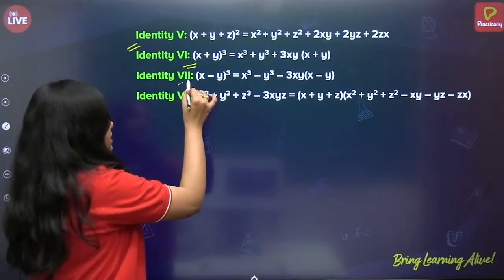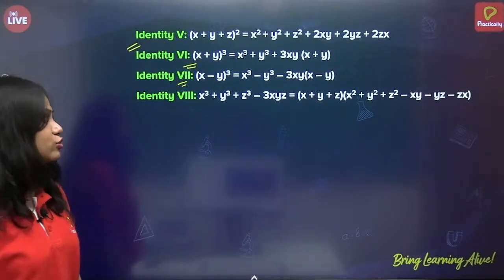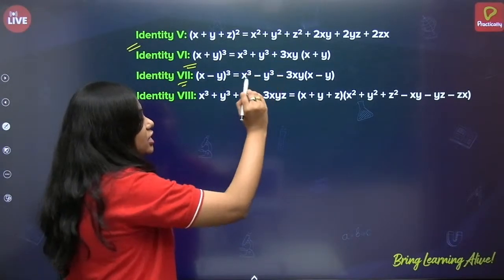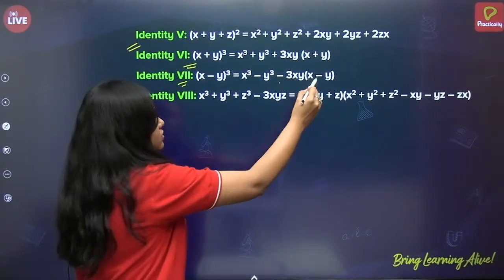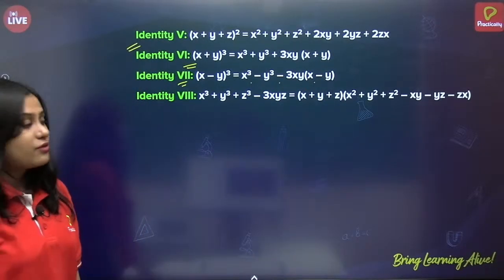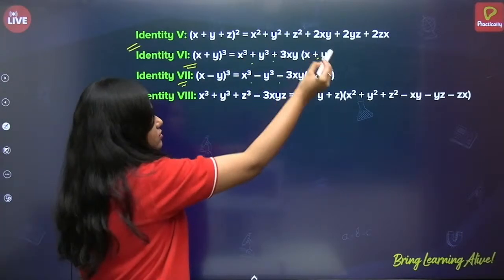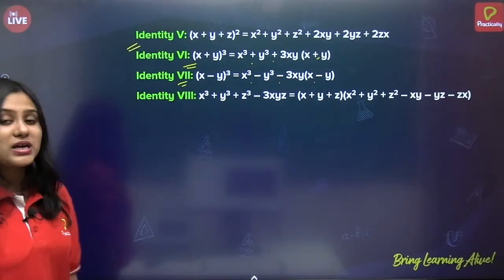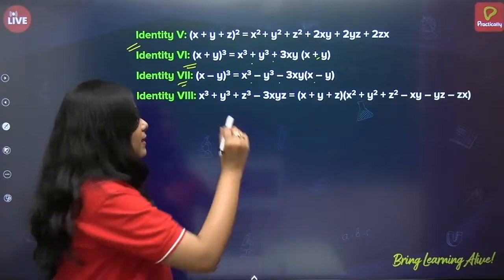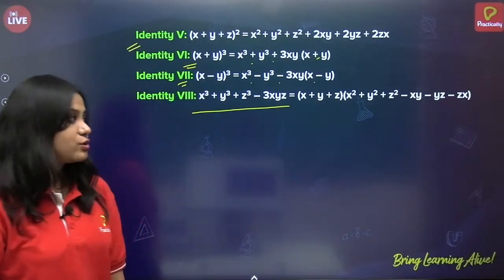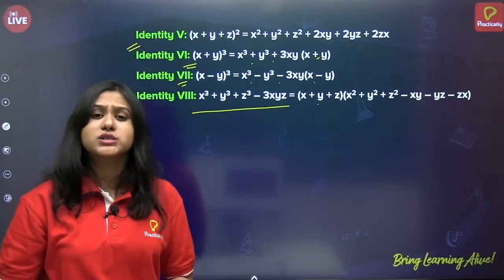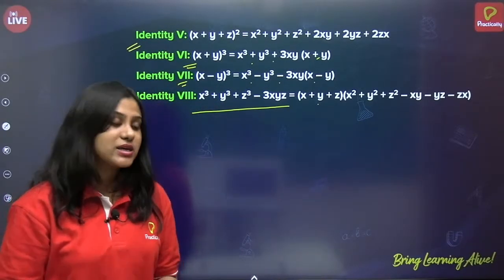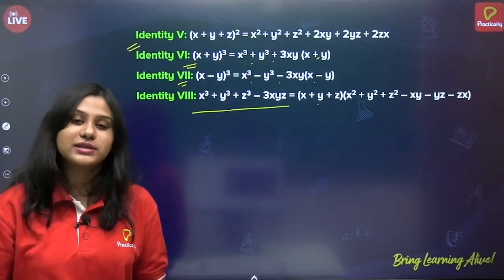And identity 7, (x minus y) whole cube is equal to x cube minus y cube minus 3xy times (x minus y). All minus. For this plus, all plus. Next, x cube plus y cube plus z cube minus 3xyz is equal to (x plus y plus z) into (x square plus y square plus z square minus xy minus yz minus xz).